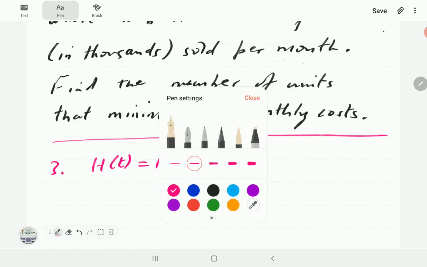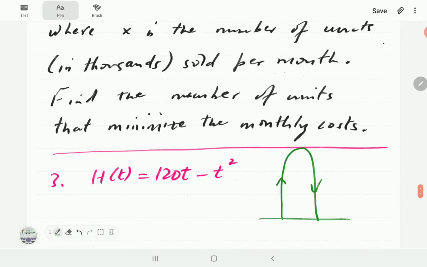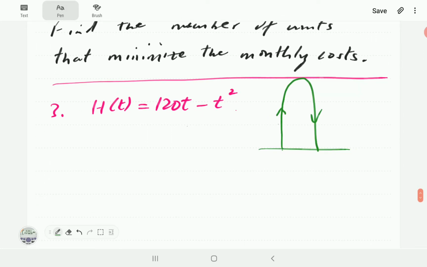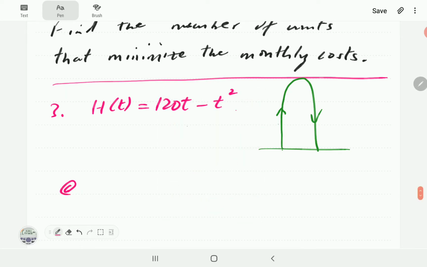If this is the ground level, the bullet is shot upwards and then it comes down. The t is the number of seconds after which the bullet was launched upwards.